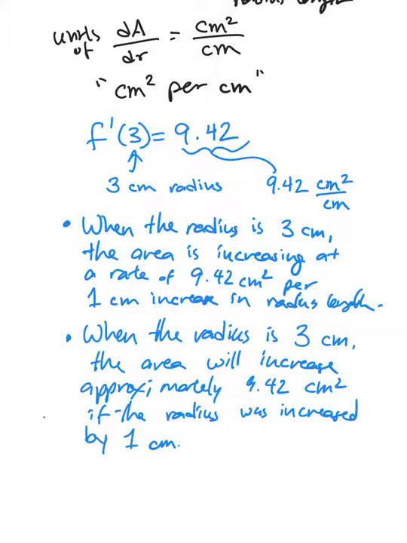And this goes back to this idea of 9.42 square centimeters per centimeter being the same as 9.42 square centimeters over 1 centimeter. So these are some reasons why we would want to not cancel the units, but leave it as square centimeters per centimeter, because we're talking about a change in area in relation to the change in radius length.